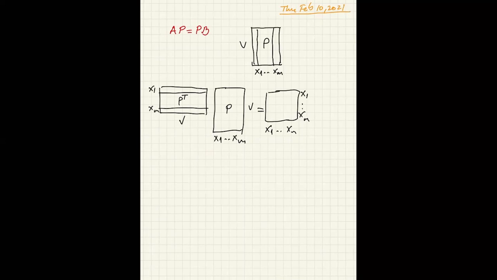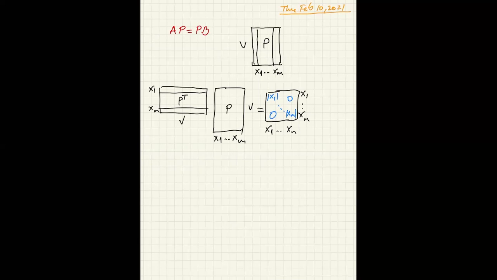And this will actually be a diagonal matrix because these subsets of vertices x1, x2, xm are disjoint. So when you take the dot product between the characteristic vectors of, let's say, xi and xj, if i and j are not equal, that dot product will be 0. And if i and j are equal, that dot product will count a 1 as many times as the number of elements in xi. So on the diagonal we have the cardinality of x1, and so on, up to the cardinality of xm, and 0 everywhere else.